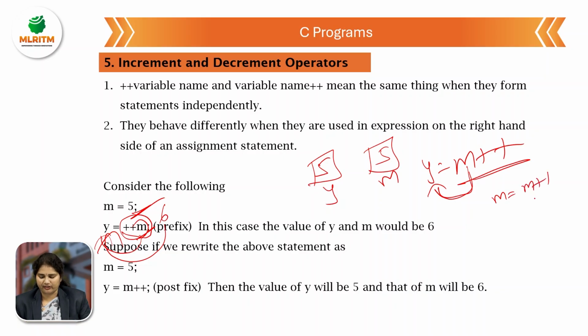M is 5 plus 1, now m is 6. Like this the values are updated in memory. That is the difference between pre-increment and post-increment. Pre-increment means first the value will be incremented, after that it is assigned to y. When we write post-increment, the value is first assigned to y, after that the value will be incremented.